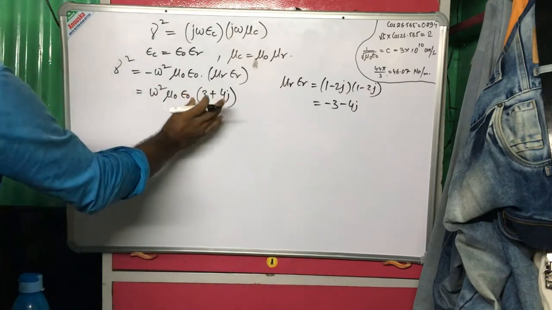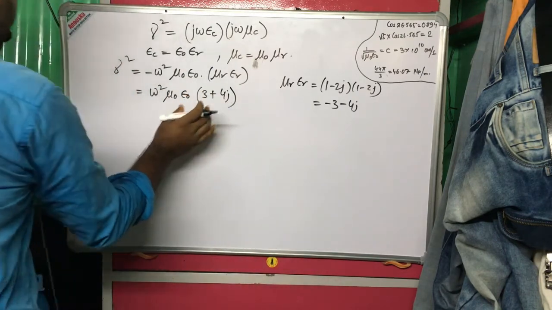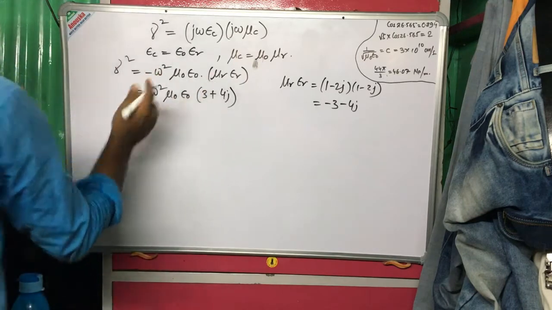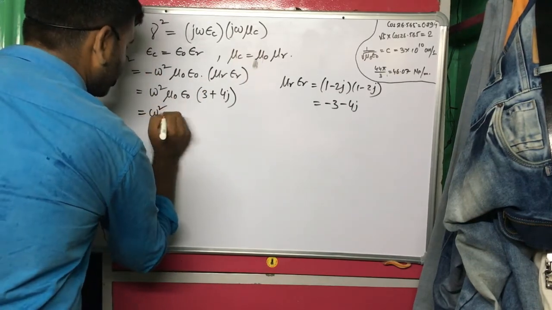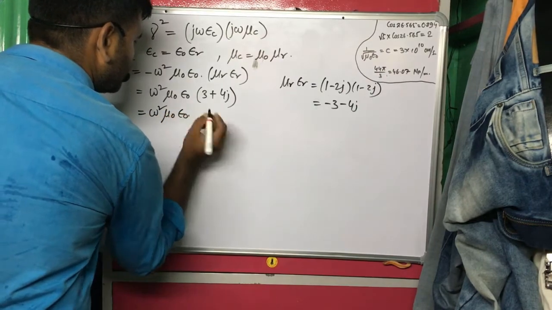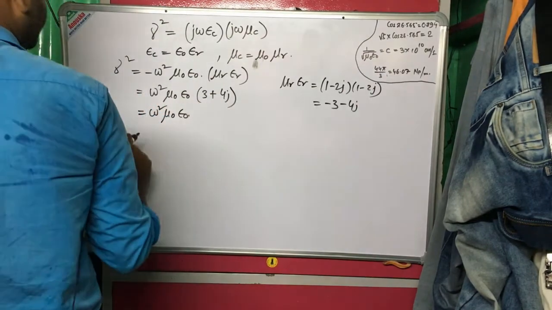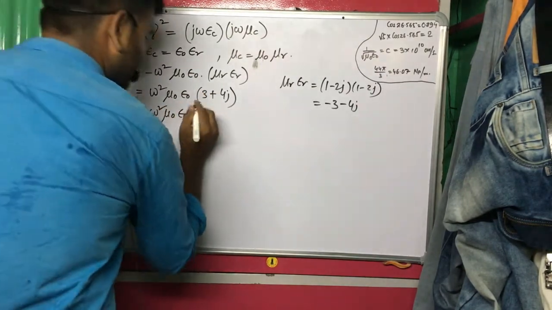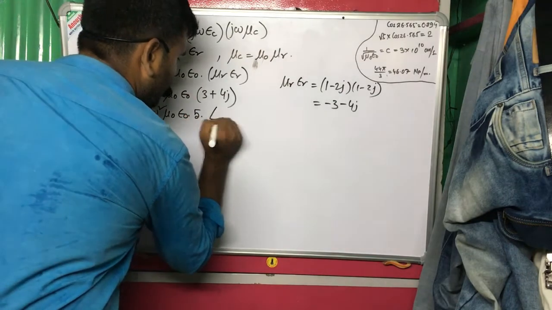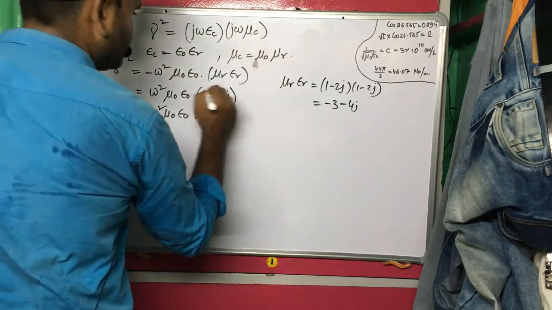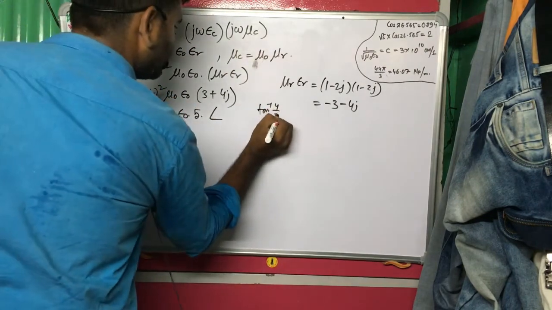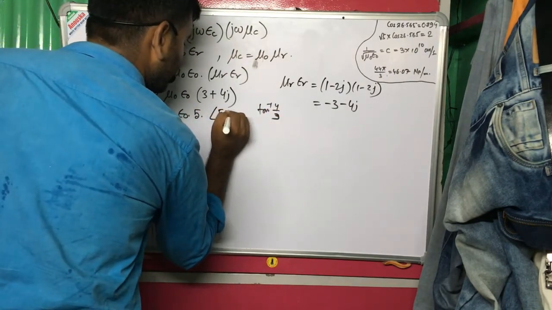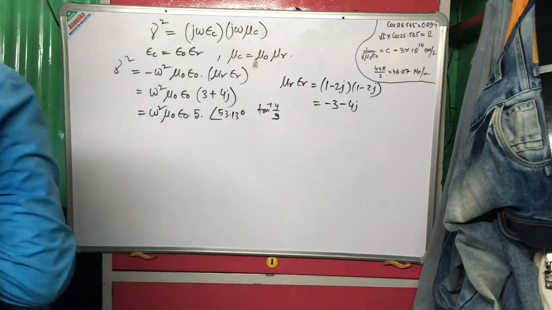Now you can represent this particular complex number with a magnitude and a phase, okay. So you can write it as omega square mu naught epsilon naught, and the magnitude will be root over 3 square plus 4 square, that is root over 25, that is 5, okay. 5 into the angle, which will be tan inverse 4 by 3, so it will be 53.13 degree, right?